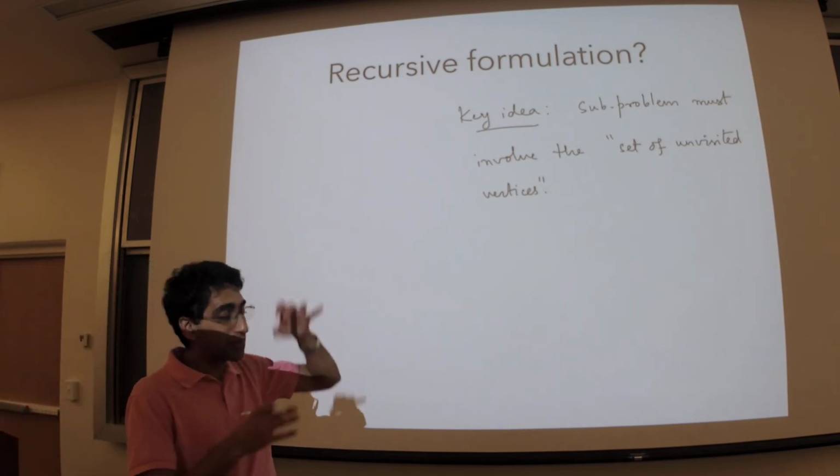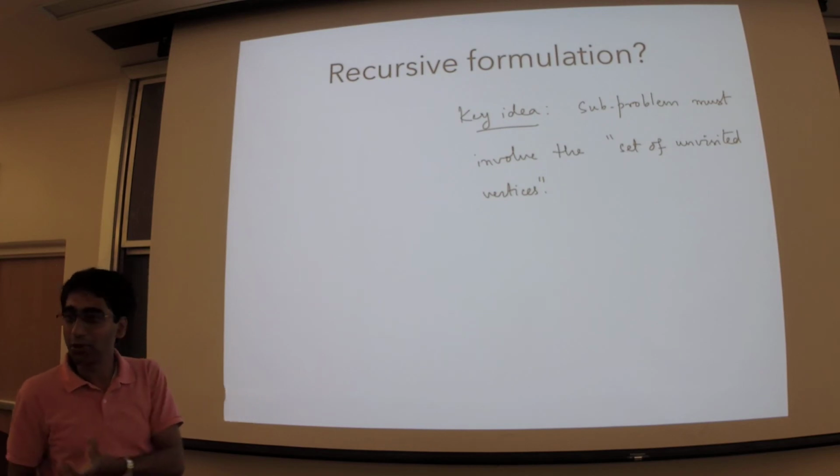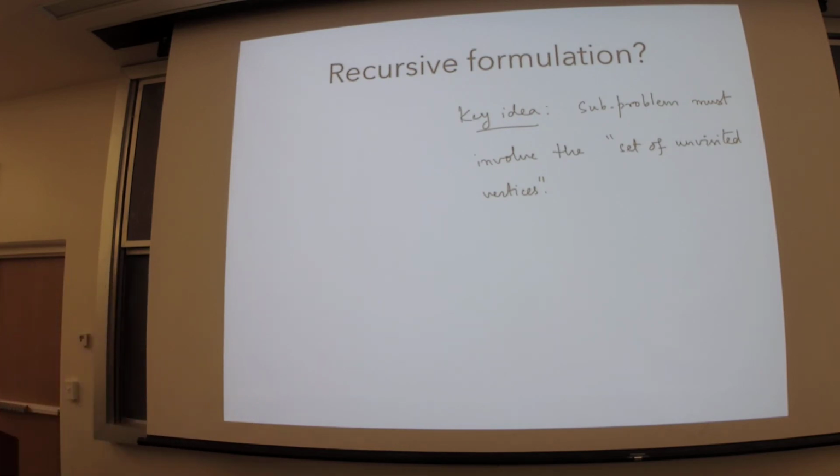So you must somehow remember the set of unvisited vertices, and that should be a parameter to your subproblem. And that's what he's saying. That's something you've got to keep in mind.